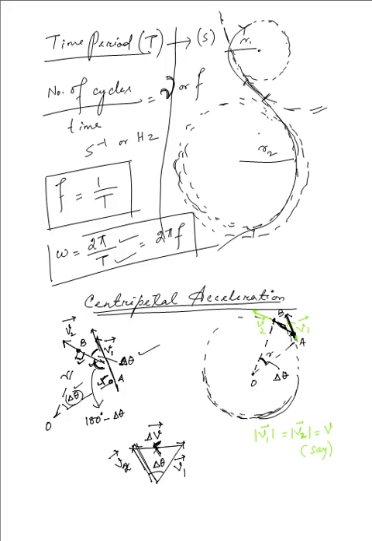So that means we have V2 minus V1 equal to del V, which is completely correct, and that change in velocity occurs over a given interval of time, del t, and that is going to give us the centripetal acceleration, because acceleration is the rate of change of velocity with respect to time.